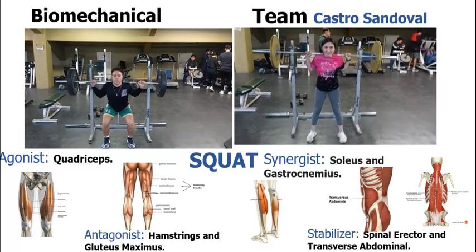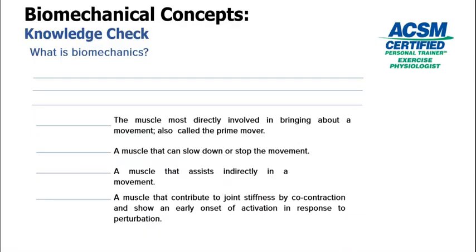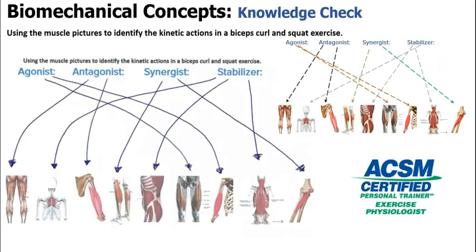And here we are going to connect this information. This is the knowledge share for today. It involves a task with some concepts that we're going to analyze of biomechanics and the agonist, antagonist, synergist, and stabilizer muscles.